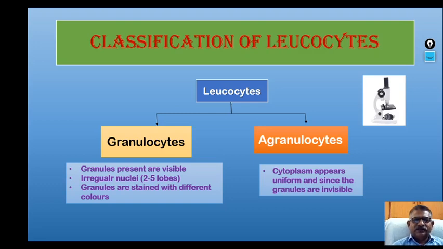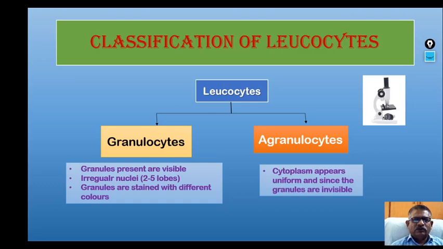This classification of leukocytes into granulocytes and agranulocytes is mostly based on microscopic observation. When the blood film is observed under a microscope in a stained preparation, of course a light microscope, the appearance of the cells, their nucleus and the presence of granules in the cytoplasm is the basis used for classification of leukocytes.